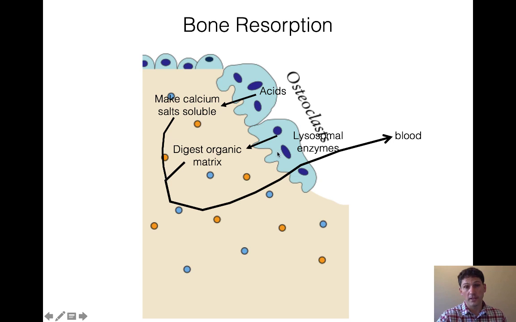So they're basically exocytosing these enzymes, and then they are transcytosing, or bringing those digested materials back into their bodies through endocytosis, moving them across the cell, and then out the other side and exocytosing them into the blood.